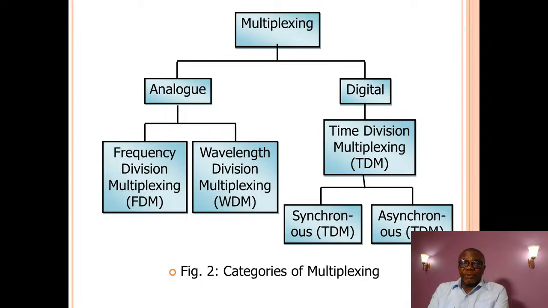Under the digital multiplexing, it comes in form of time division multiplexing, otherwise known as the TDM. And this TDM can be a synchronous TDM. It can also be an asynchronous TDM. So quickly, we are going to look at these block diagrams one after the other.